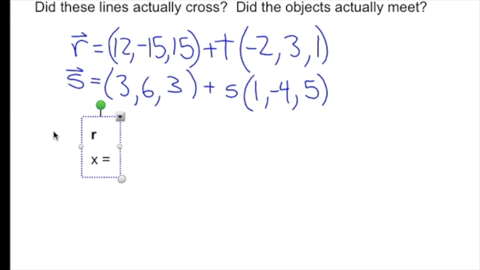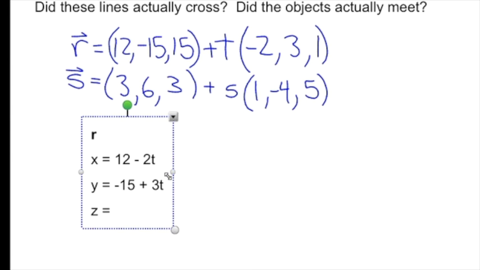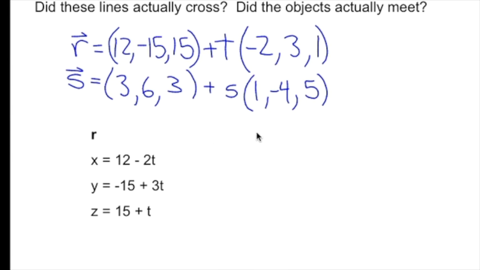Okay, so x would equal 12 minus 2t, and here's the x component, so 12 minus 2t. Y would equal negative 15 plus 3t, and z would equal 15 plus 1 times t. So that's all line R.